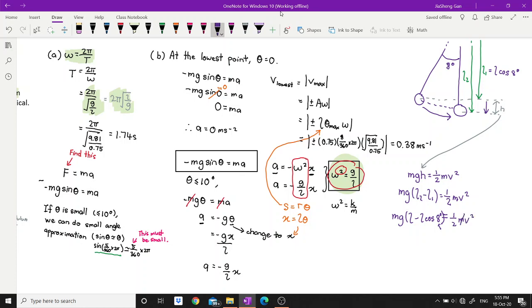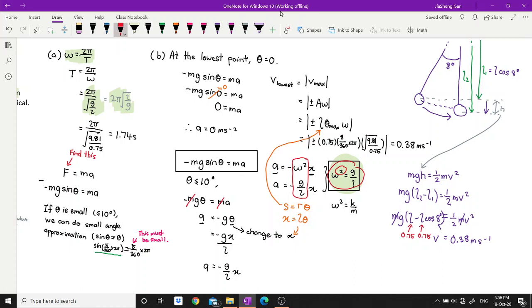You cancel off the m, you have all the values. So if you write in all the values here, your v will come out as 0.38 meter per second as well. If I skip a step too fast, L is just 0.75.